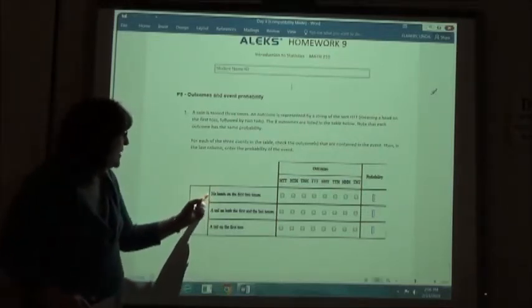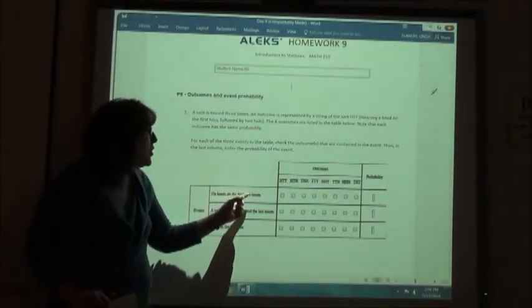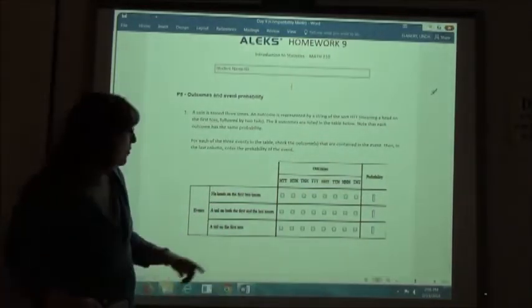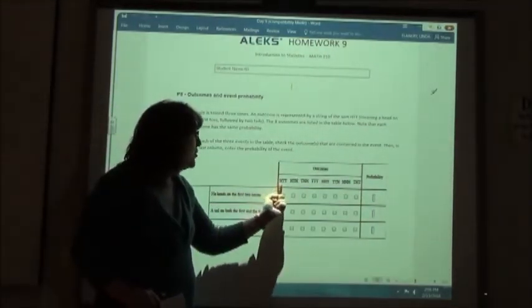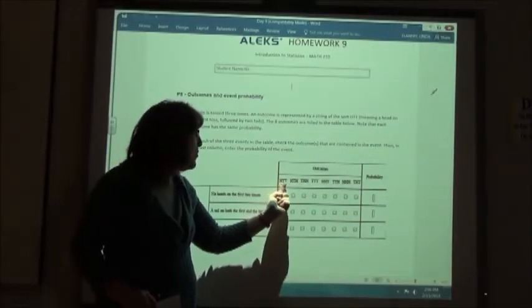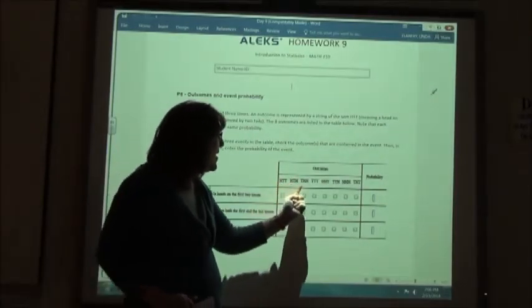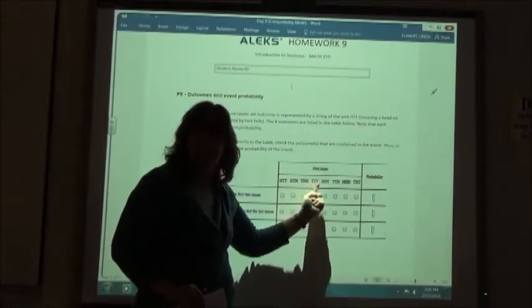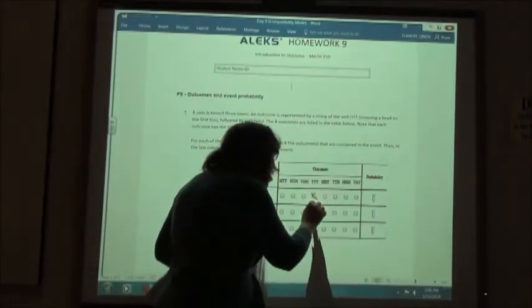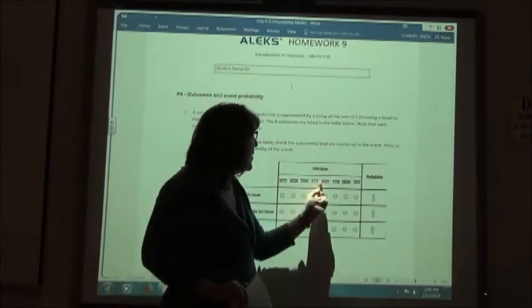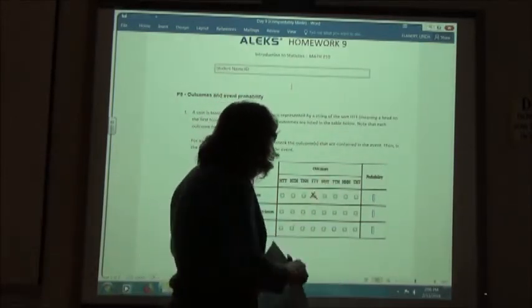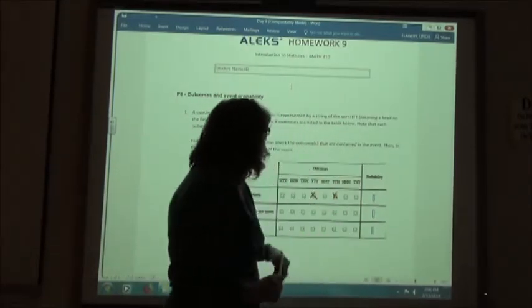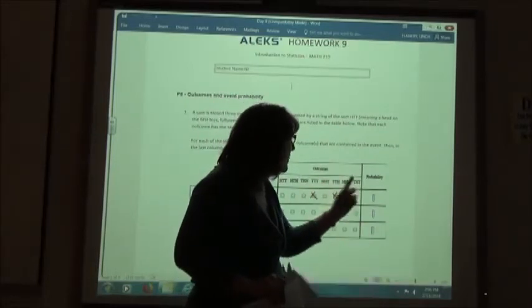So on the first one it says no heads on the first 2 tosses. Well, this one has a head on the first one, this one has a head on the first one, this one has a head on the second one, this one I have a tail and a tail, so that would not have heads on the first 2 tosses. Then I've got a head and a head, then I've got a tail and a tail again, head, head, head, and then I have a tail and a head.